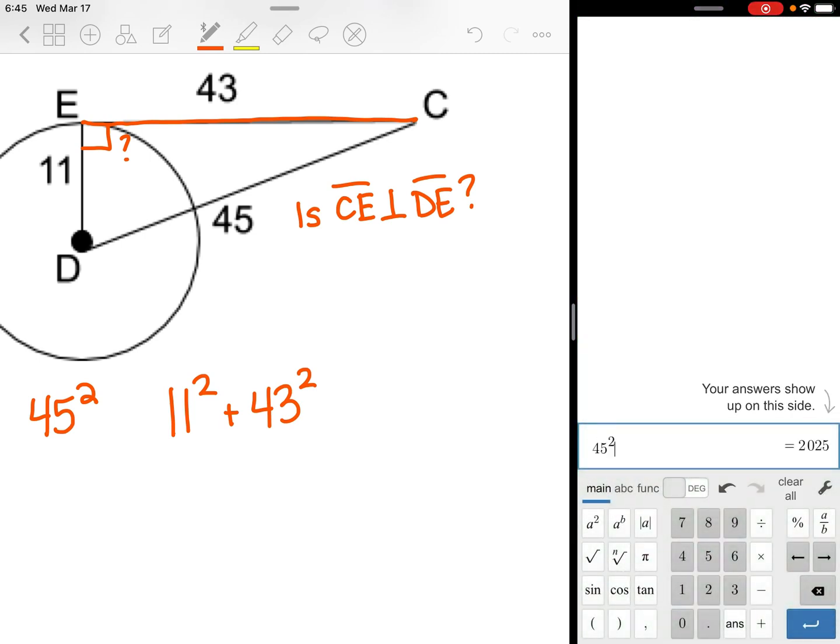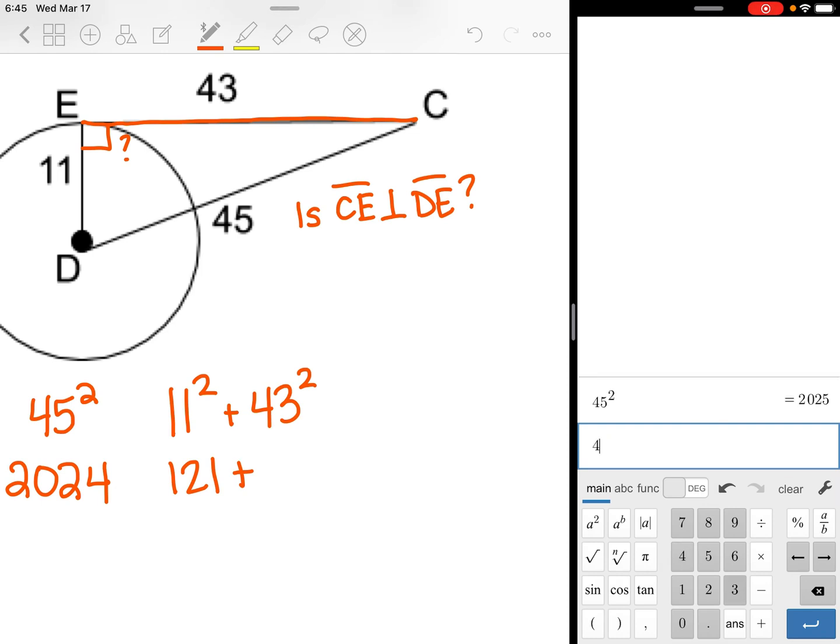So 45 squared is 2,025. I know that 11 squared is 121, but I don't know 43 squared. So 43 squared is 1,849. So I'm comparing these values.